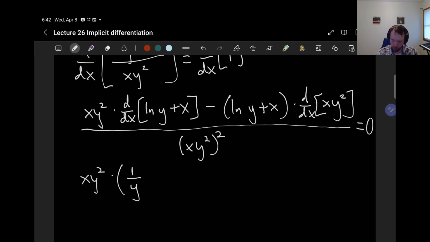I do the 1 over y, but then I multiply by the derivative of y with respect to x. So we're always doing that when we're taking the derivative of a y part. Well, the next one's just x, so no fancy stuff there.